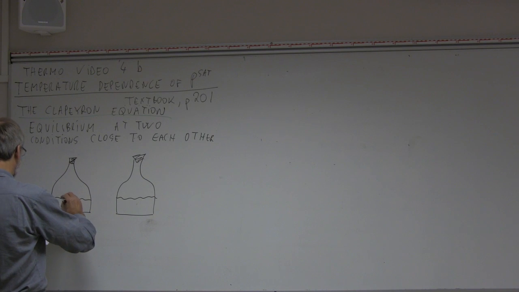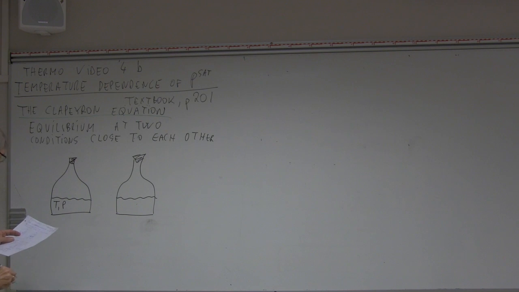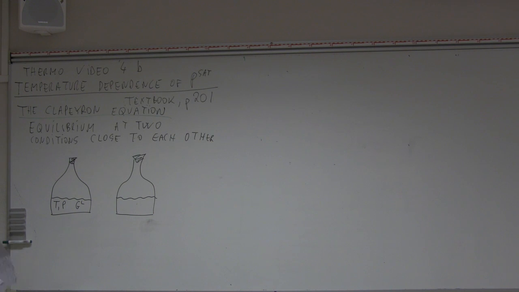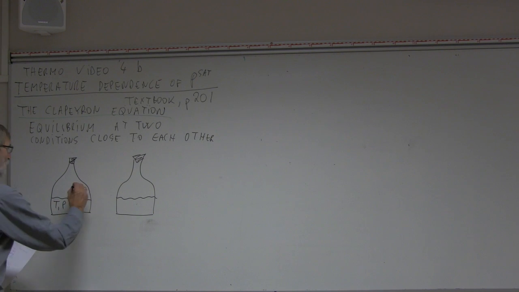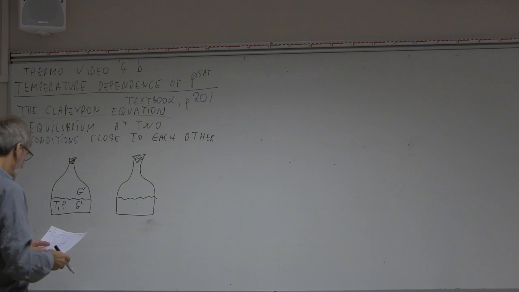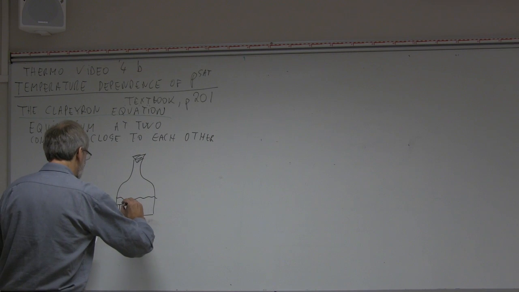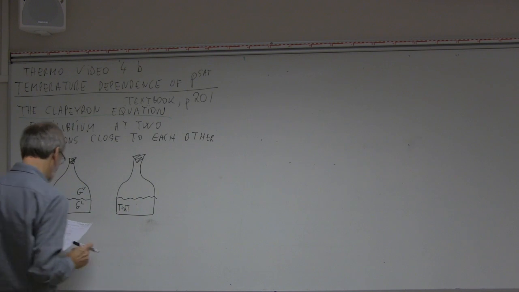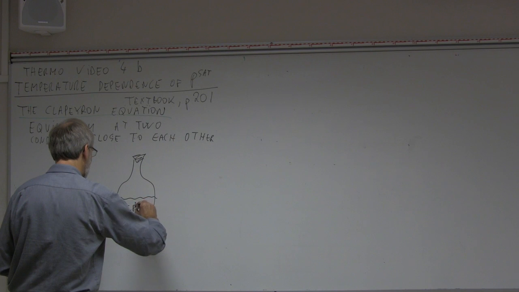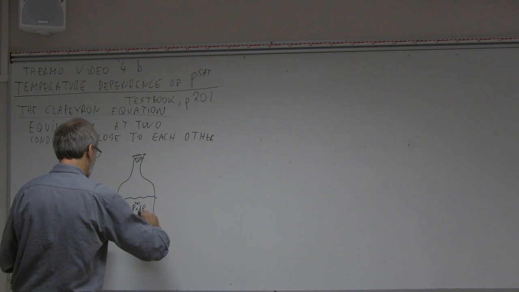We have a temperature, we have a pressure, we have a Gibbs free energy in the liquid, and we have a Gibbs free energy in the vapor. The conditions here are T plus dT, it is T saturation plus dP.